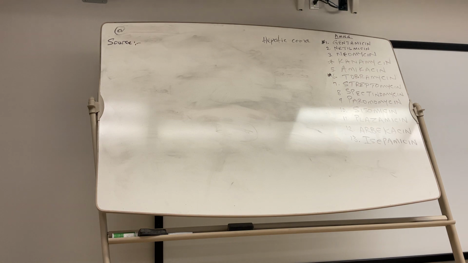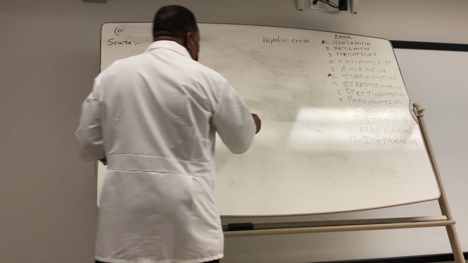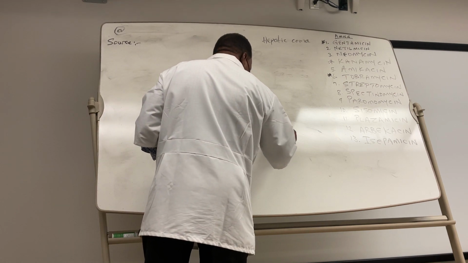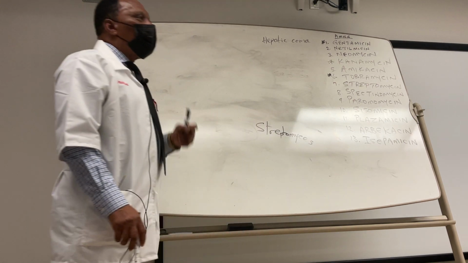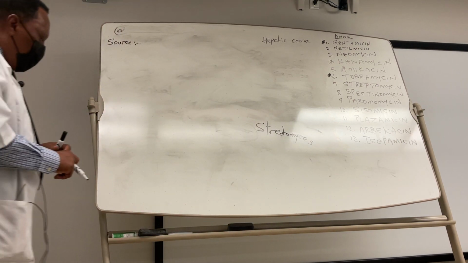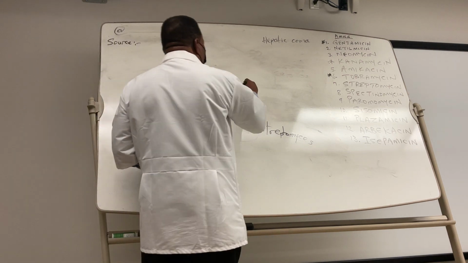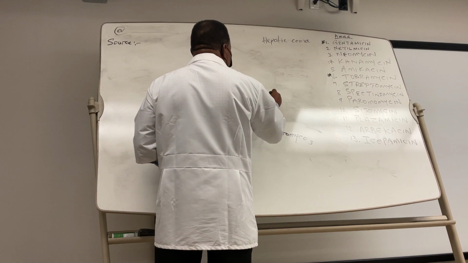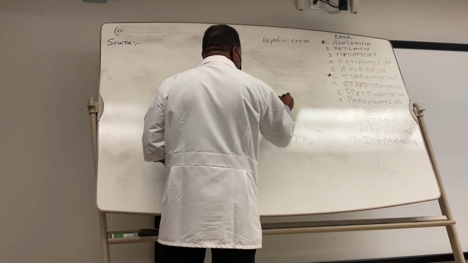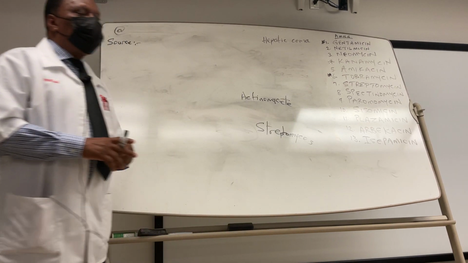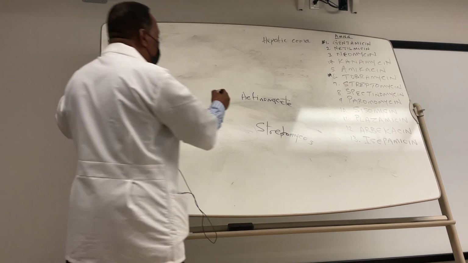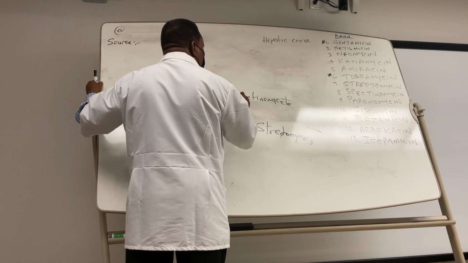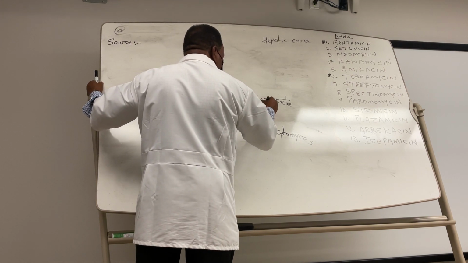The difference there is because of the source. If it's M-Y, it is produced by a Streptomyces. And if it's M-I, it is produced by actinomycetes, particularly Micromonospora species.